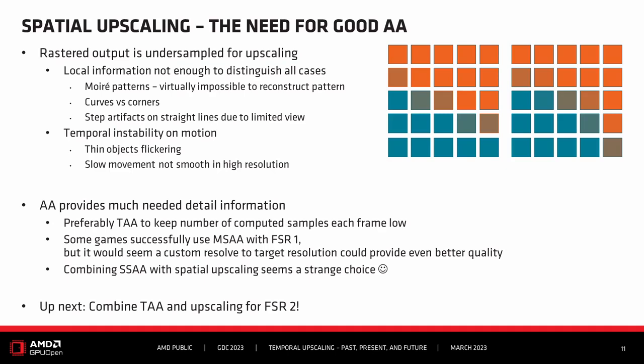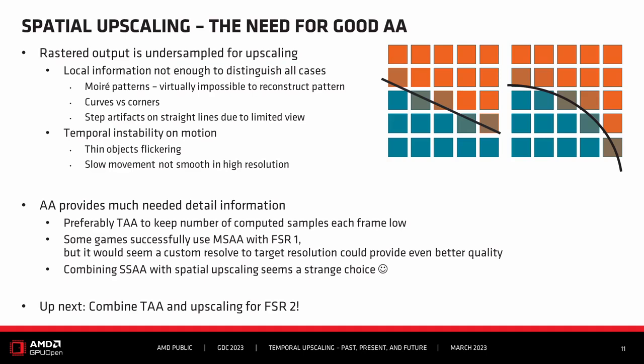Furthermore, we will generate temporal instability for slowly moving cameras or very thin objects which can be flickering from one frame to the other. So we recommend pairing our upscaling solution with a very good AA solution. On the right you can see two images, the same example I posted earlier, but this time with anti-aliased information, and you can see it's easier to detect which one is the straight line and which one is the curve.